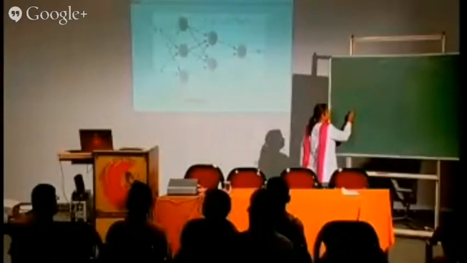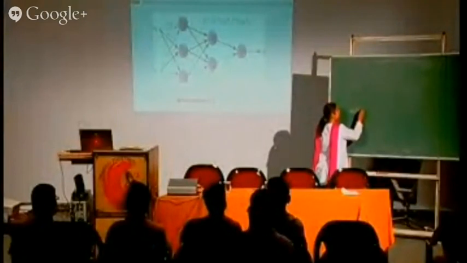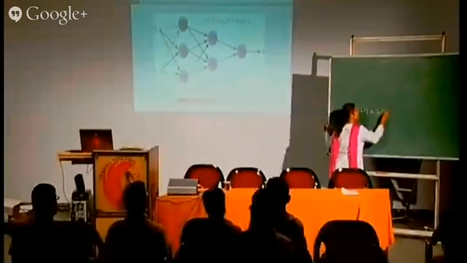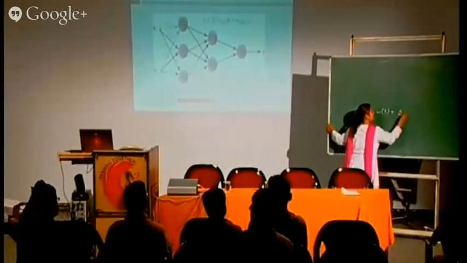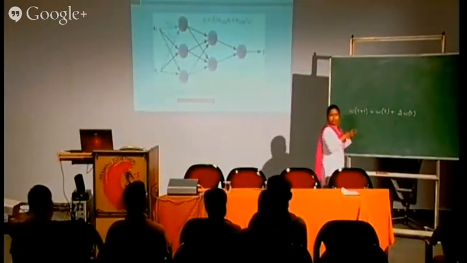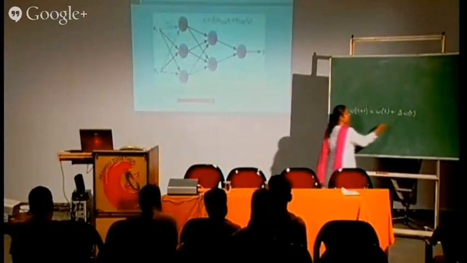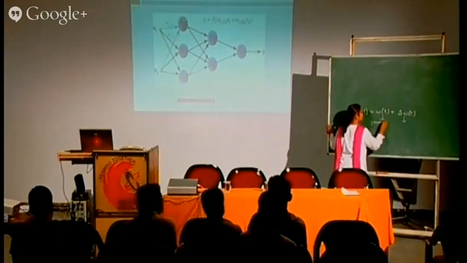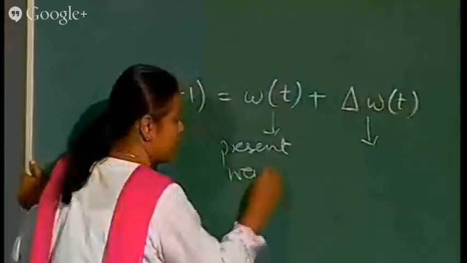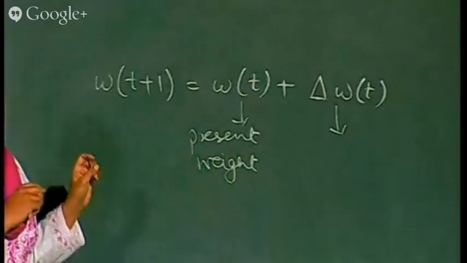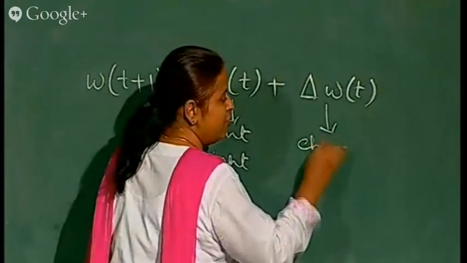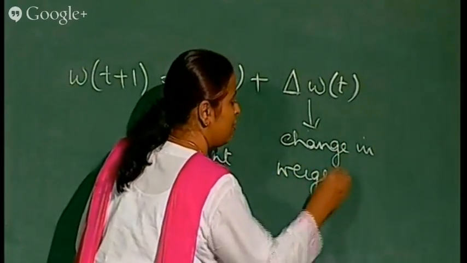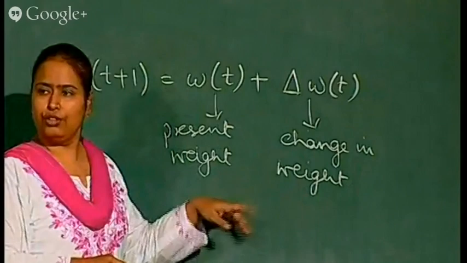So for a change in weights, W(t+1) is equal to W(t) plus delta W(t). Here W(t) is the present set of weights, and delta W is the change in weight, calculated according to the error.